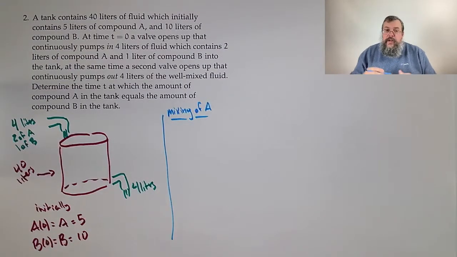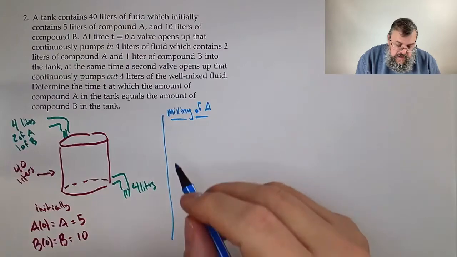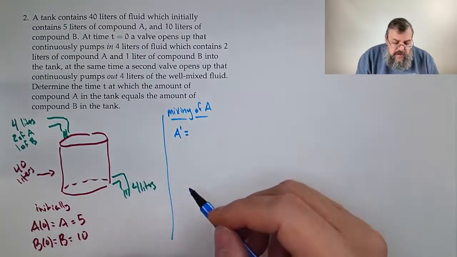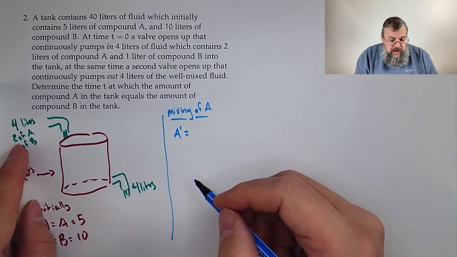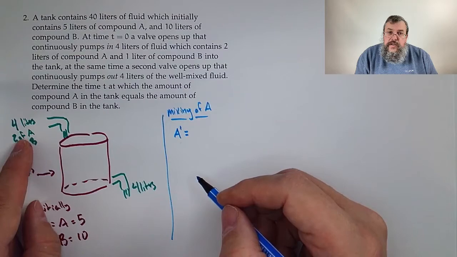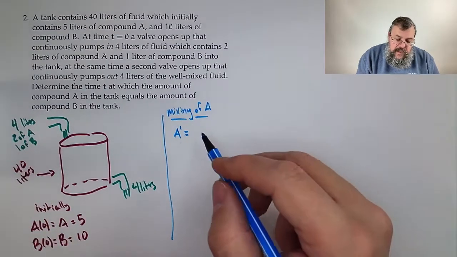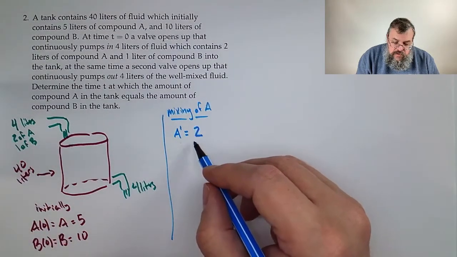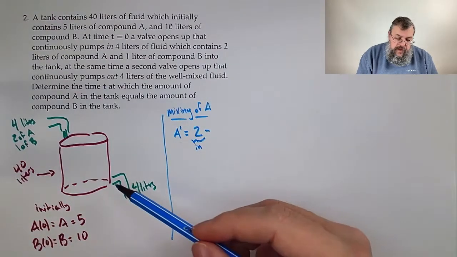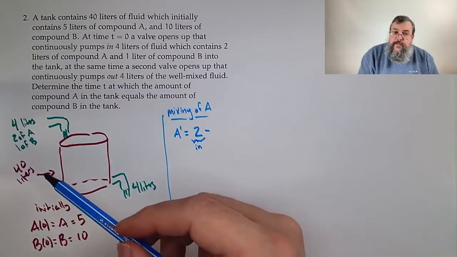Now, what can we say? We'll ask, how is A changing? At every moment of time, we have 2 liters of A coming in. So the inflow is 2. This is our in. Now the outflow: we have 4 liters out of 40.